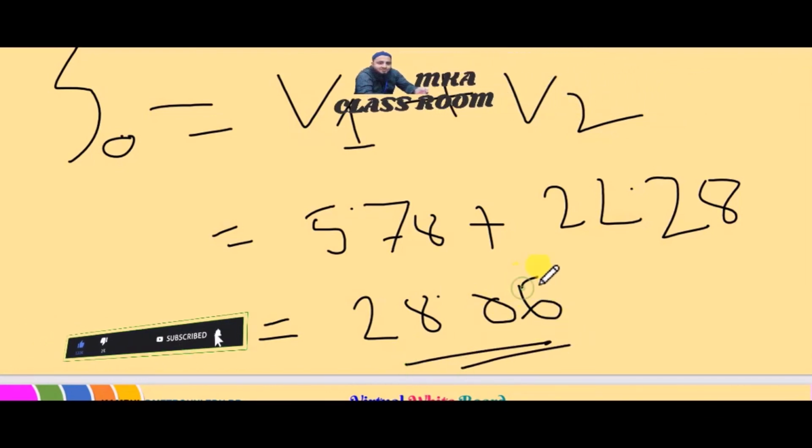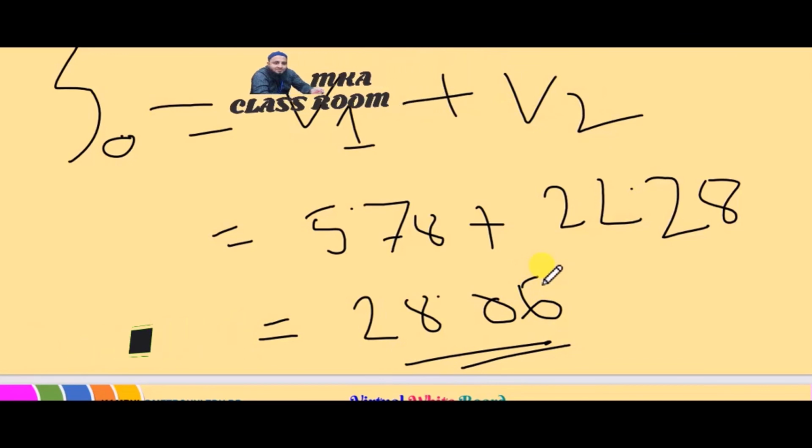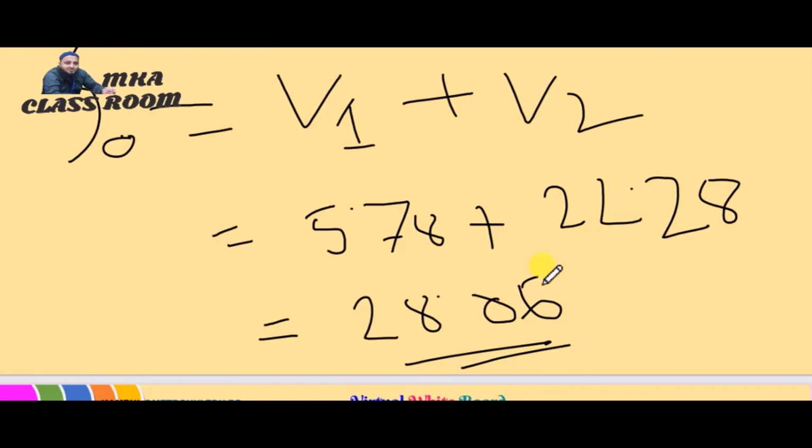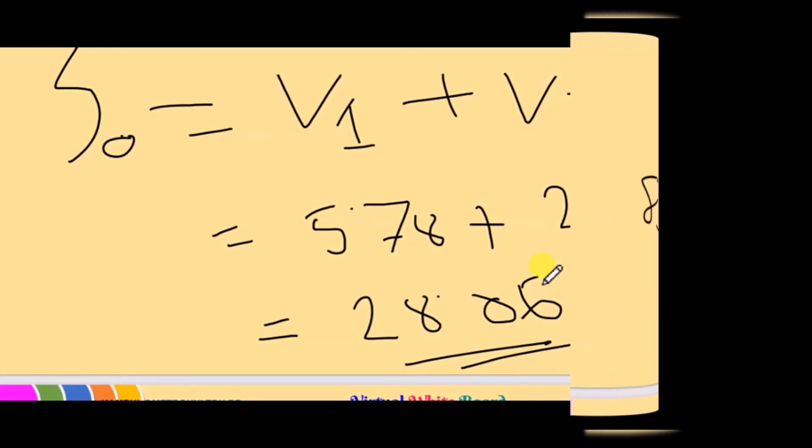So this investor is advised to purchase this share if the share's market price is below this intrinsic value, 28.06. If the market price of this share is below 28.06, then the investor should purchase this share.